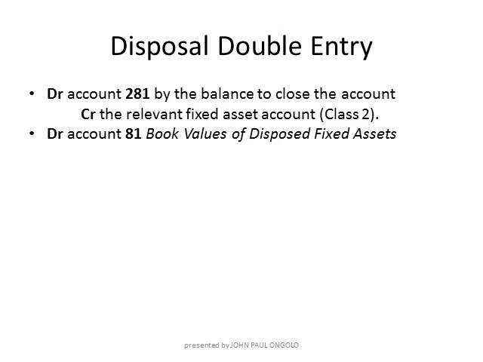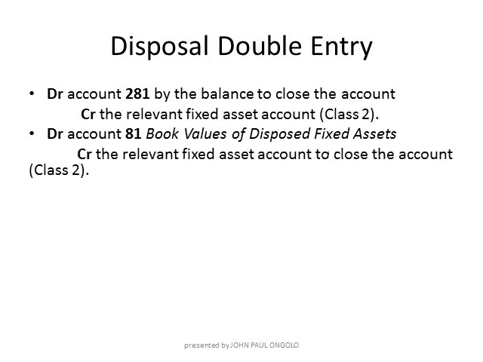Then we debit account 81, book values of disposed fixed assets, and credit the relevant fixed asset account to close that account. Normally, this credit entry on the credit side of the fixed asset account will be the net book value of the fixed asset. That entry should be enough to close that fixed asset account.